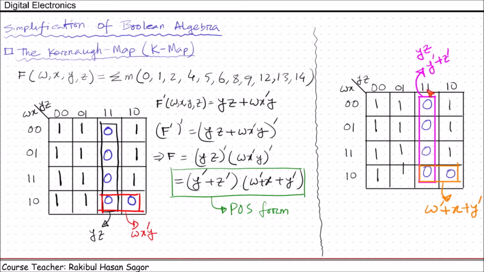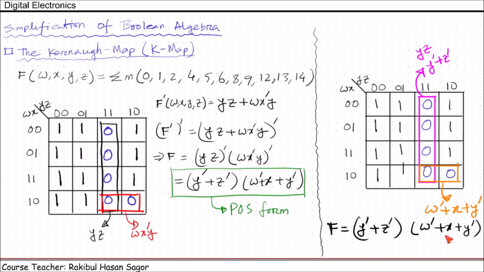We have z equals 1, z equals 0, so we will ignore z. So this is w prime plus x plus y prime. So the simplified version of this function in POS form can be written as (y prime plus z prime) multiplied with (w prime plus x plus y prime).